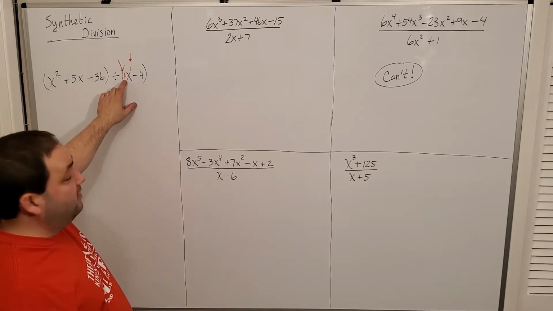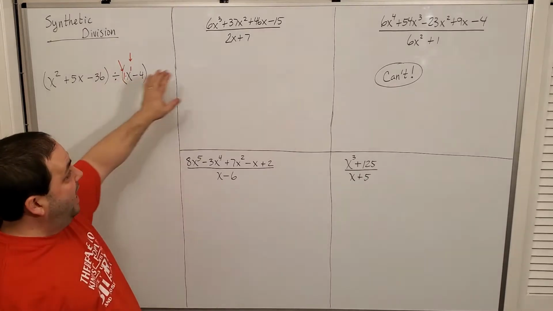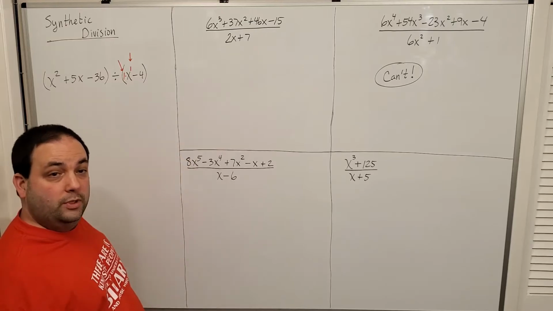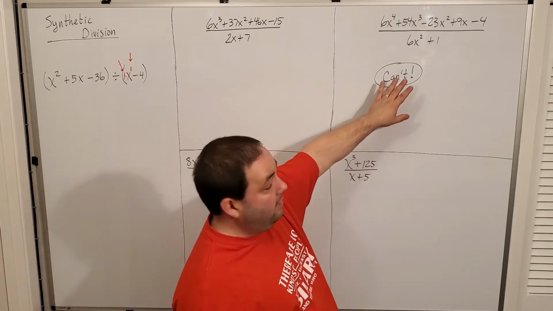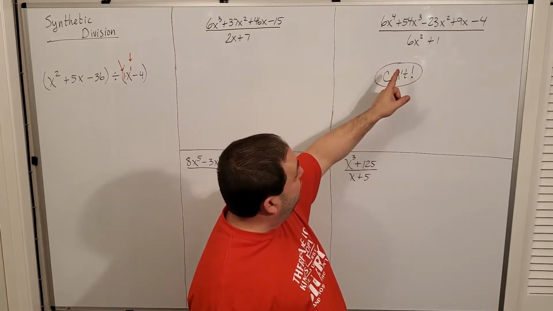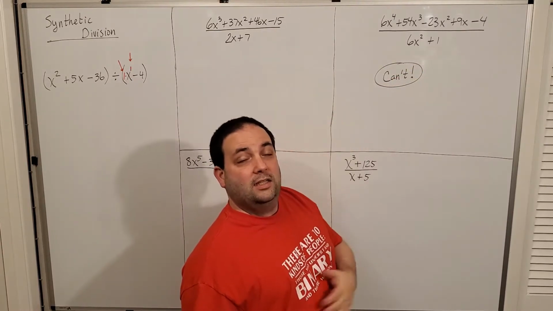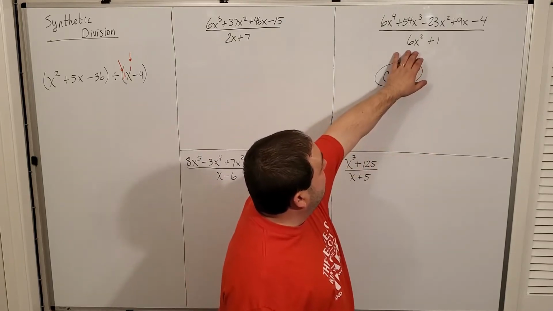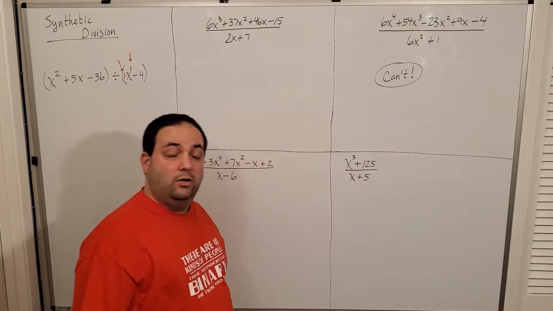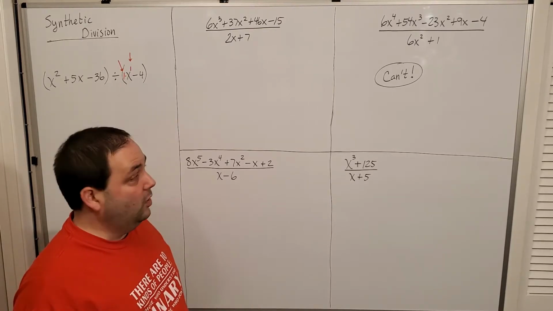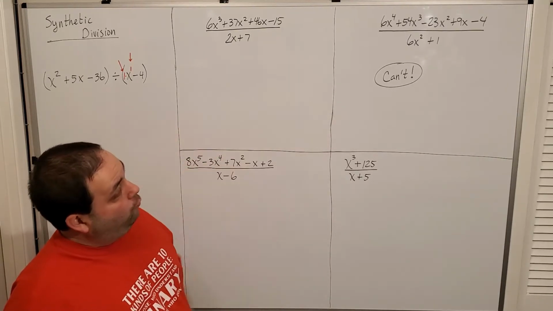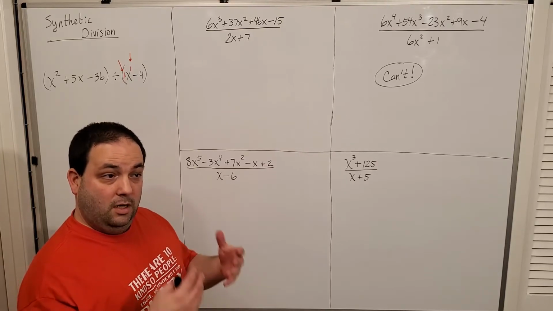If it's not 1 in this coefficient, there's a way to fix that, and I'll show you how that works when we're doing the last division here, okay? But notice this one right here, I made a specific point to showing you that we can't do this division with the synthetic that I'm going to show you here, and that's because the denominator has a square. The denominator is quadratic there. So we won't be using synthetic for that, okay? However, we're not going to really run into many of those divisions in this course.